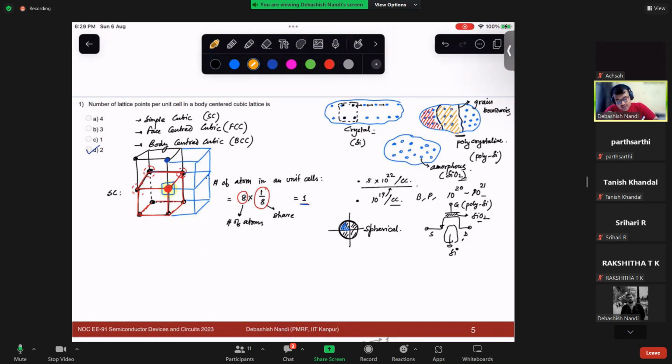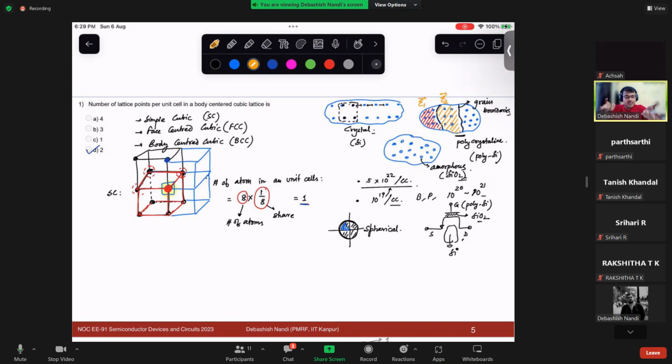So just understand that the field here, E1, and E2 are different. If an electron passes, it sees a change of field, so obviously it will get scattered, right? Understand that the physical line does not do any scattering, but the electrical configuration does.